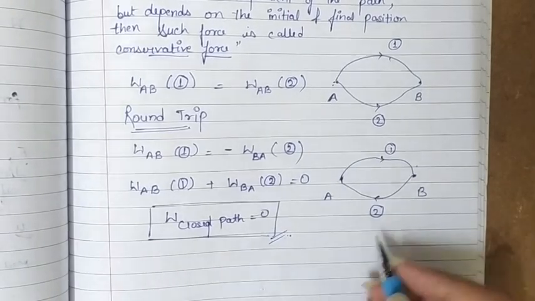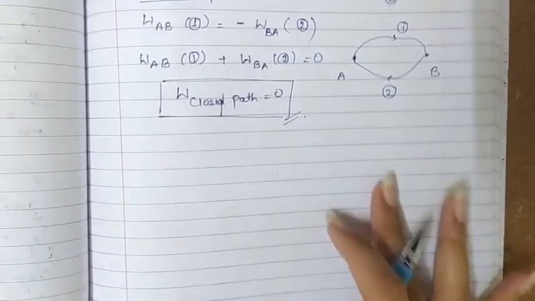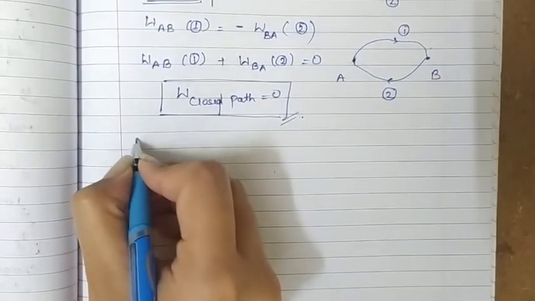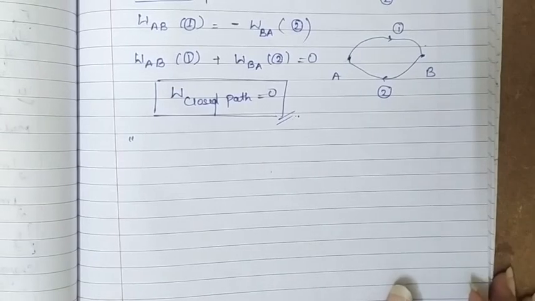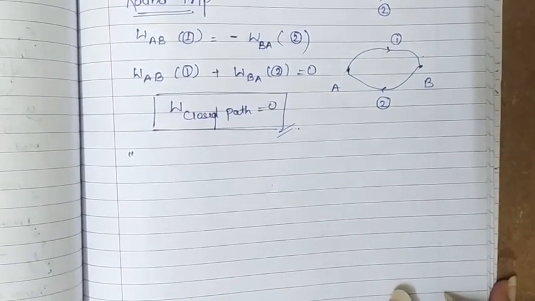So, this is also how we can define a conservative force. Now the non-conservative forces are just opposite to each other, meaning they depend on the path on which the particle is moving, or the path chosen by the particle to go from position 1 to position 2.